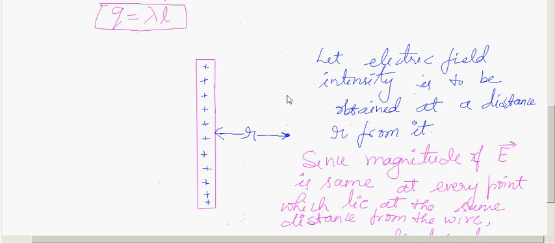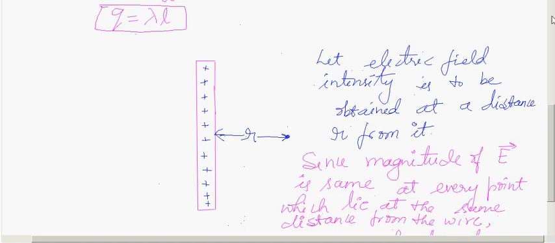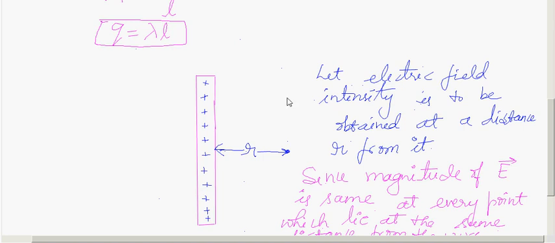So you assume a cylinder of radius r and length L. So this side also it has to be r only.